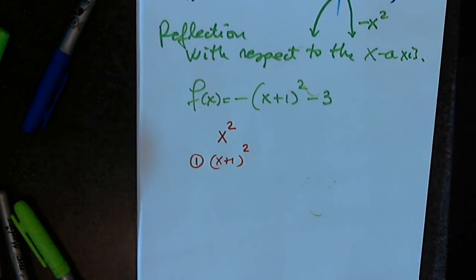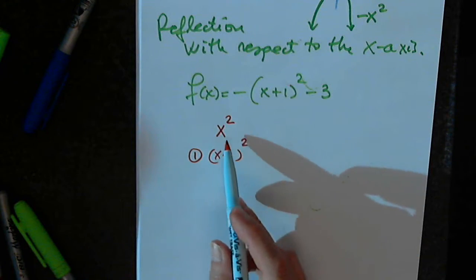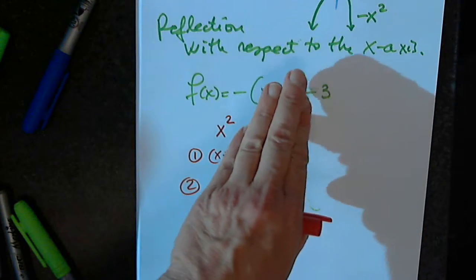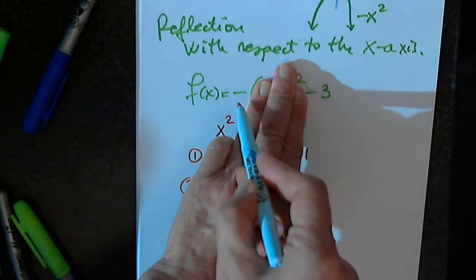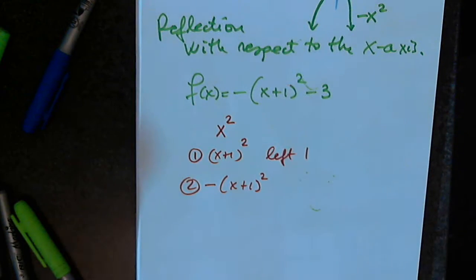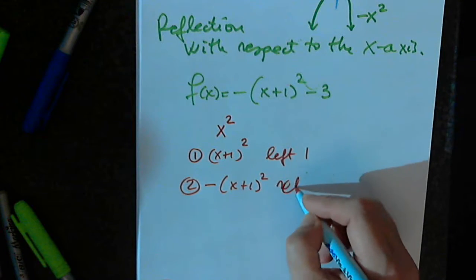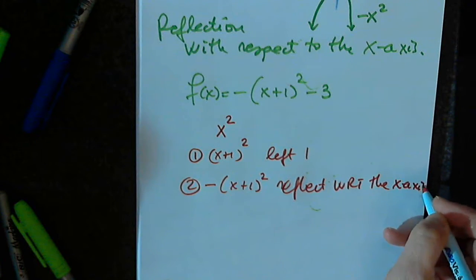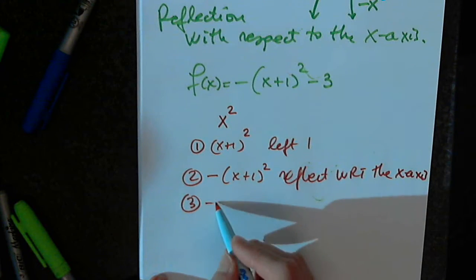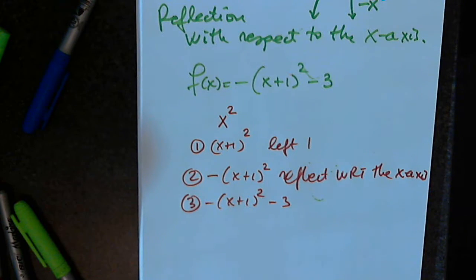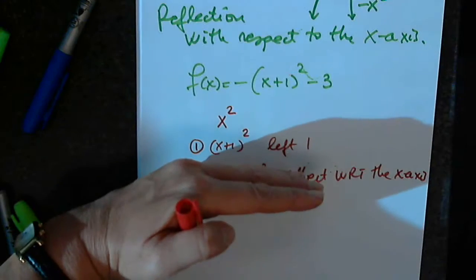Where will the graph go? Left one. Number 2. So I perform the left one. Now I have to multiply by negative 1. So negative x plus 1 squared. What will this do to this graph? Flip it. Reflect with respect to the x-axis. Finally, number 3. Negative x plus 1 squared and minus 3. This is a transformation exactly on this.